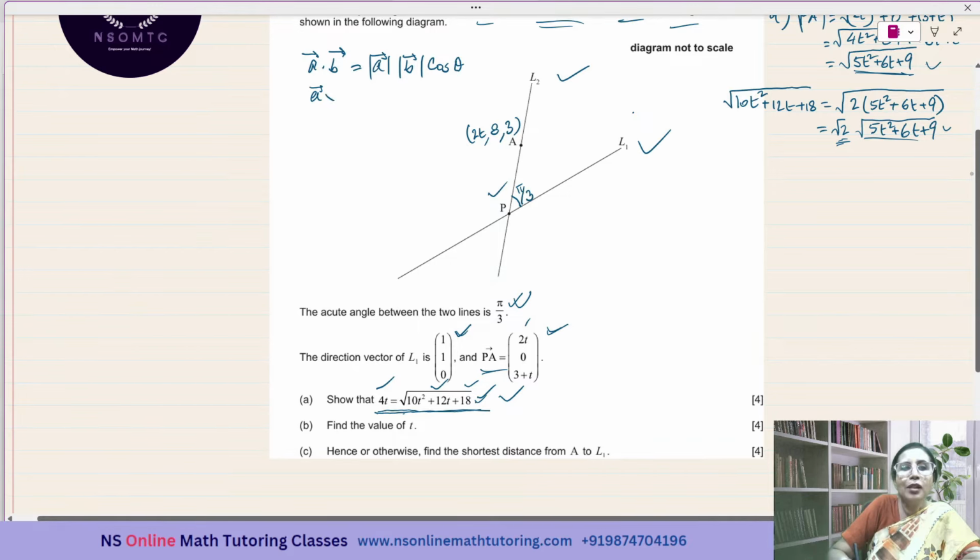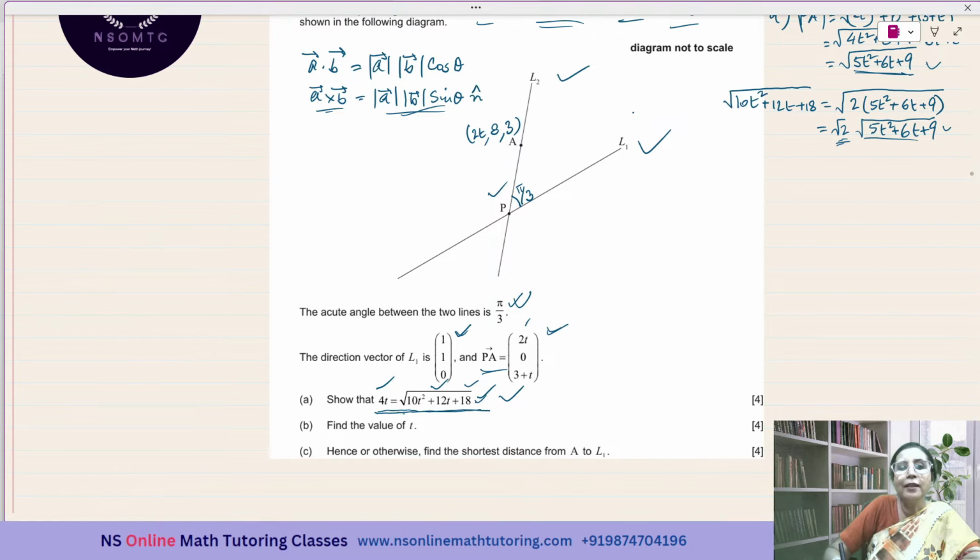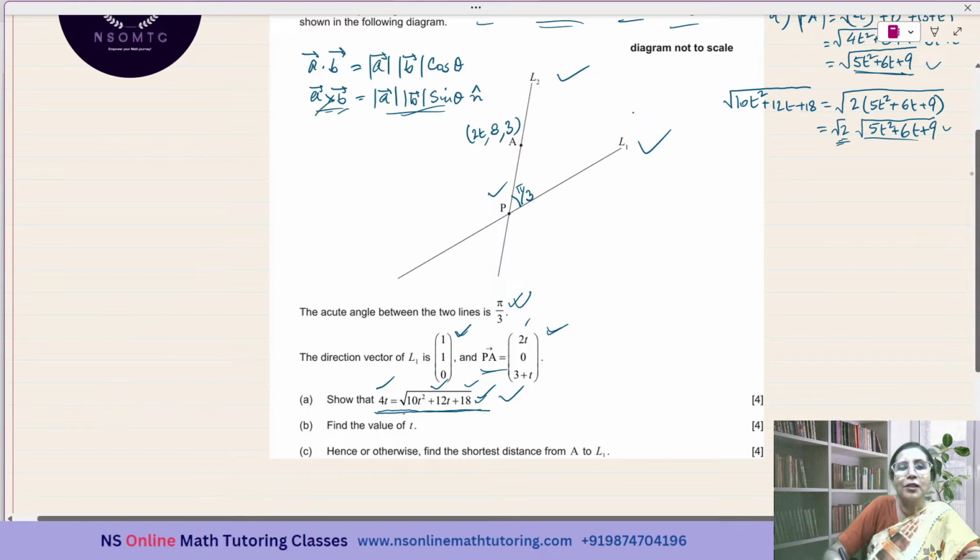If we take the cross product, this is the vector product, and that is the scalar product, and this is sine theta. Because this is a vector product, the answer should be a vector. This part is the magnitude of the vector, and this is the unit vector specifying the direction of the product vector, which will be perpendicular to both these vectors A and B.